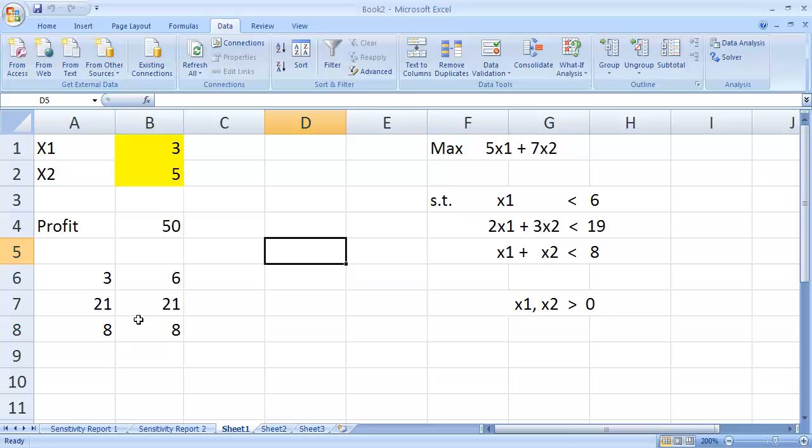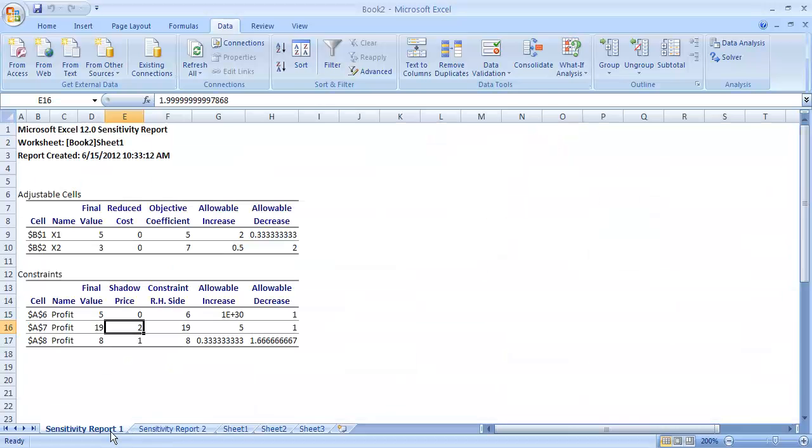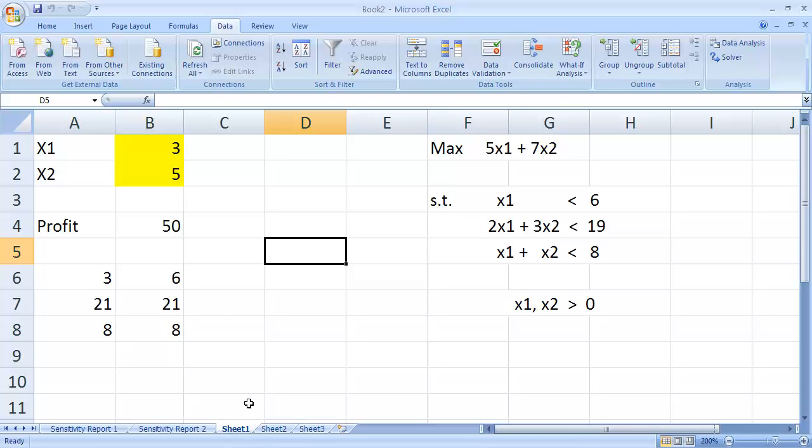So this shadow price will only continue for a certain range, and that range is given here as well.